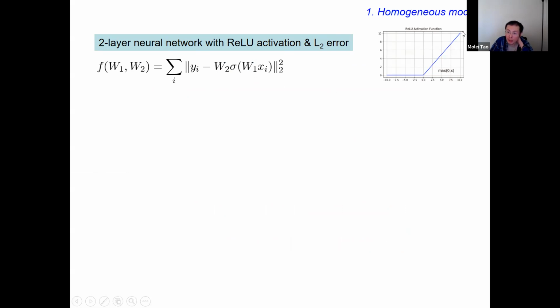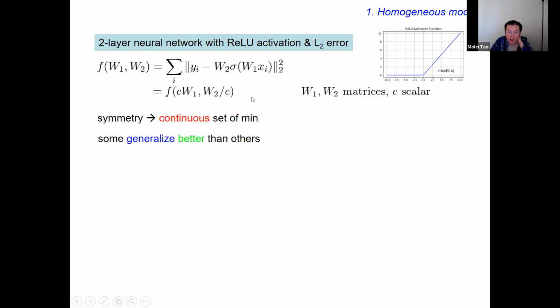ReLU is a very nonlinear function, but it enjoys a nice property known as homogeneity, meaning that if you scale the input by a constant, the output gets scaled by the same constant. Because of that, you have a nice structure. If you multiply W1 by a scalar and divide W2 by the same scalar, you get the same value of the loss function.